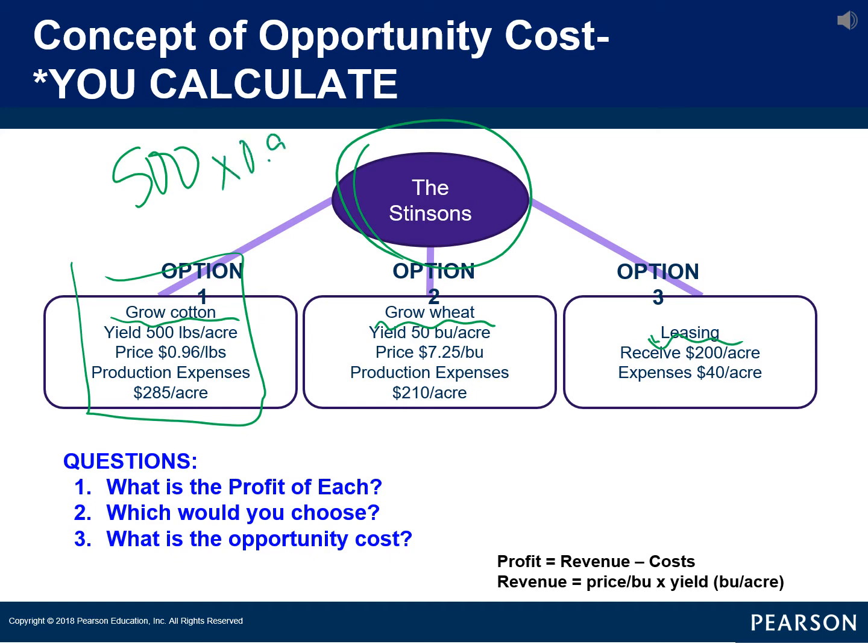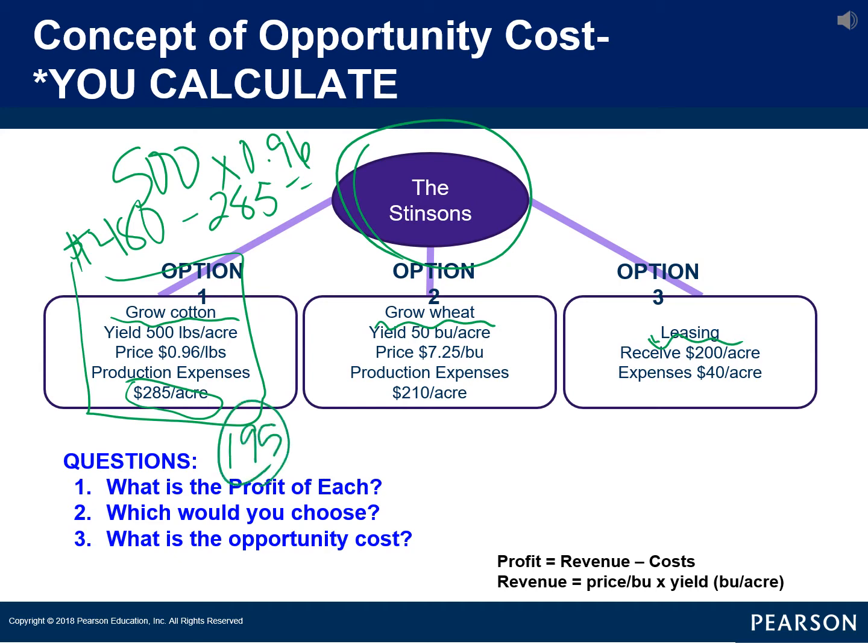So if we multiply 500 times 0.96, I'm going to get $480, but it's going to cost me $285 in production expenses, which could include labor, fuel, seed, fertilizer, etc. So I'm going to take 480 minus 285, and I will get $195.